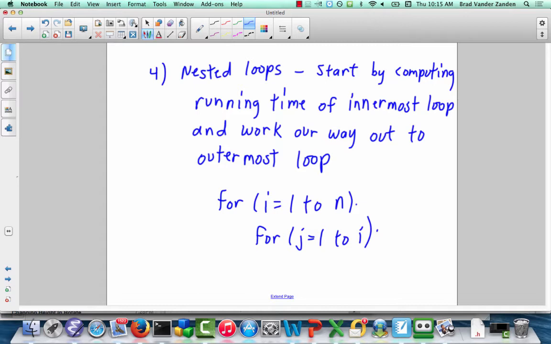Each time through, let's say there's 2 instructions here, plus the 2 we just figured out earlier, so let's say it's 4 times i. Well, that's a little harder to work out, right? Because i's going from 1 to n.